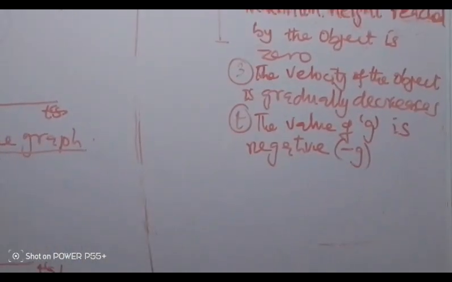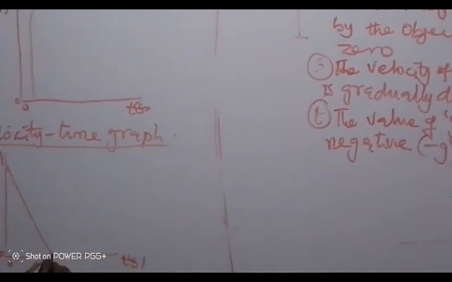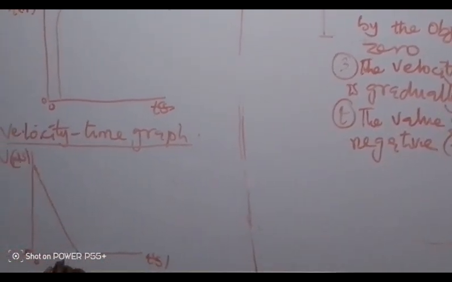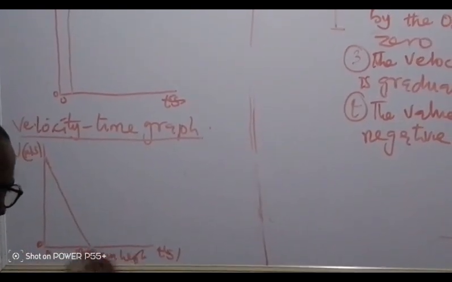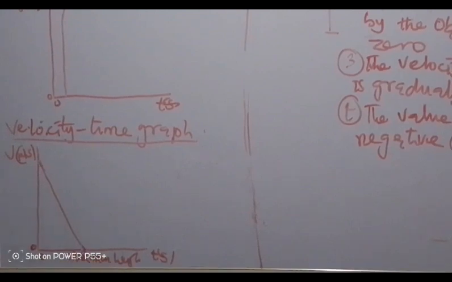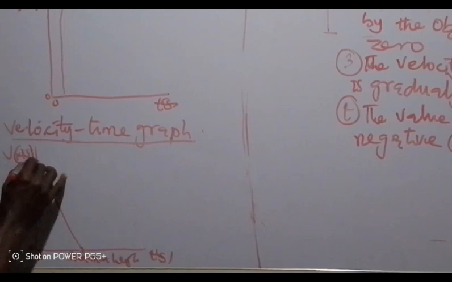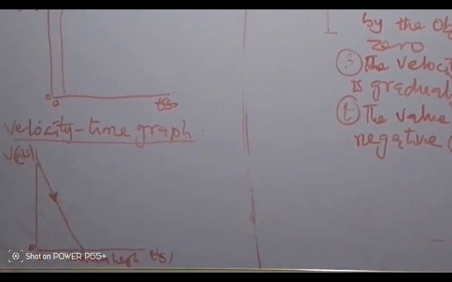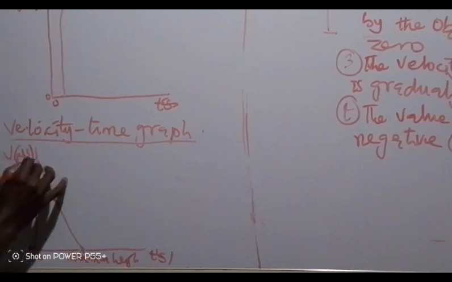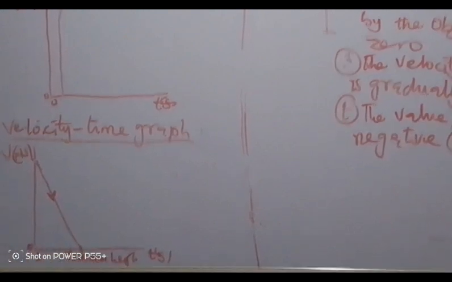So this is the point of maximum height, where the velocity hits the zero mark. The velocity is decreasing from the initial state until it reaches the maximum height. That is how the velocity time graph will look like.